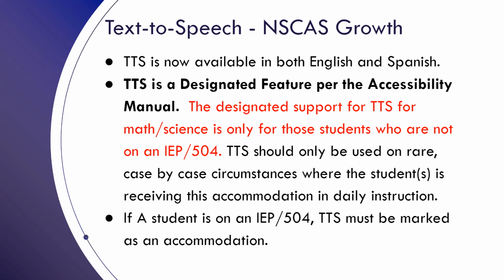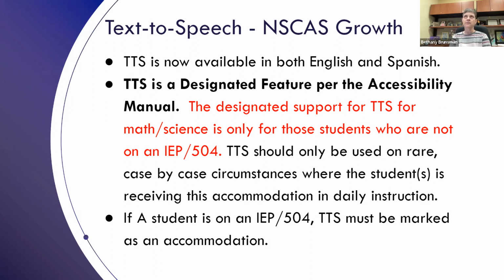Right, but they have to meet the criteria that is in Tool 5 as far as being able to use this designated feature. Say that again, they have to meet the criteria where? In Tool 5, there's information in the accessibility manual that talks about criteria and determining whether or not a student would qualify for this designated feature. Okay, I'm just gonna tell schools that if they have an IEP, they need to put it in if they're using it.